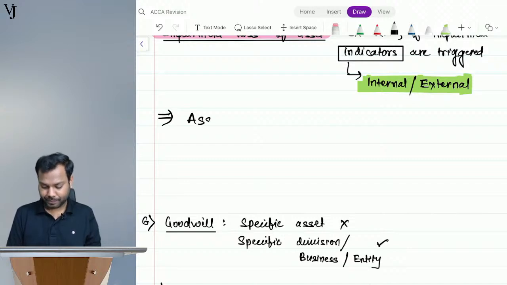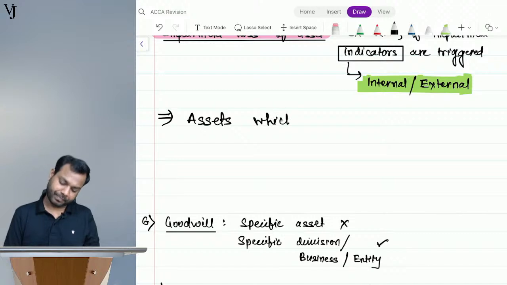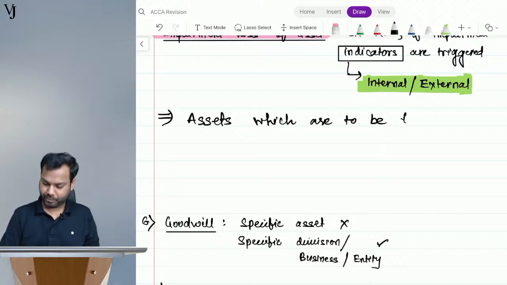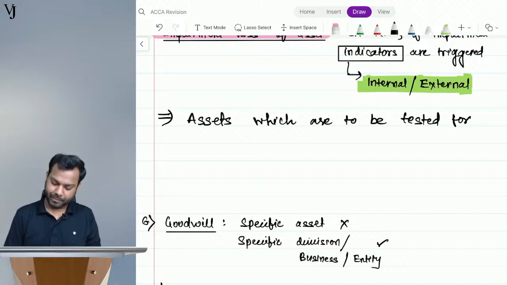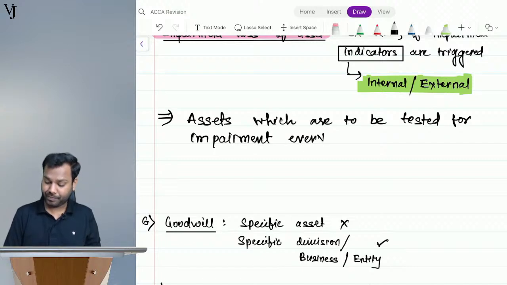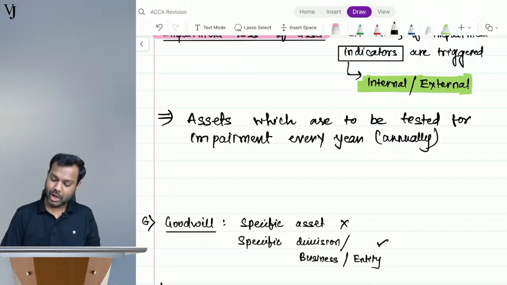Assets which are to be tested for impairment every year, that is annually, on the same date.